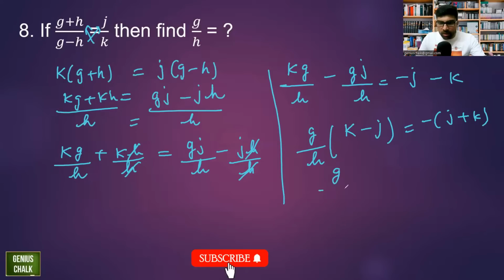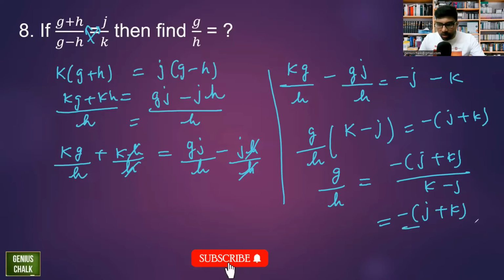So what is G by H? It is minus of (J plus K) divided by (K minus J). Now if you take this minus common from here, minus (J plus K), and the denominator is K minus J, the minus gets cancelled. So what is my eventual answer?